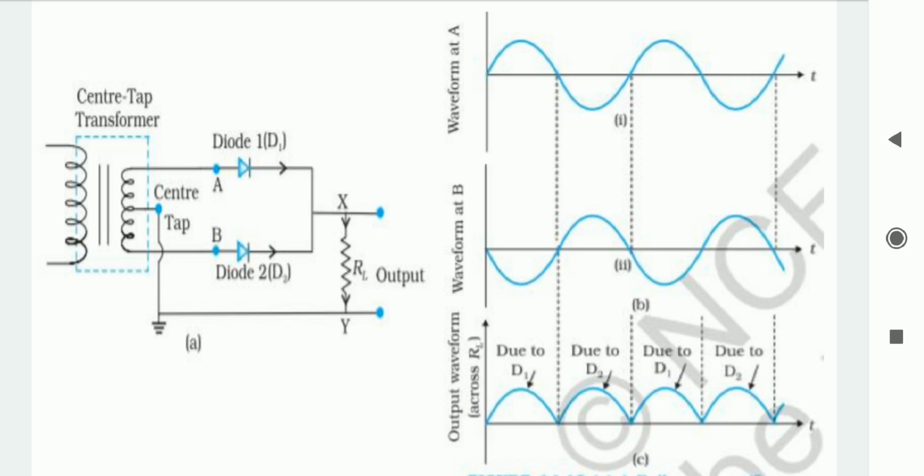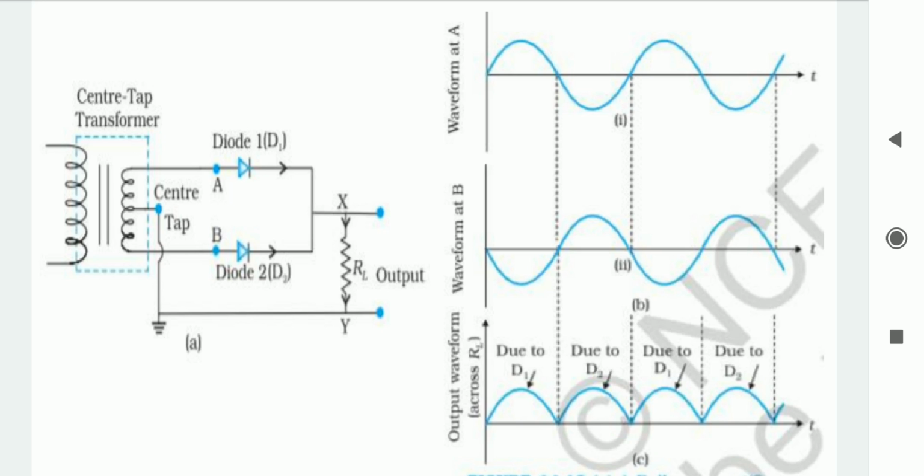And while the current is flowing through the load resistance in both half cycles, the current direction remains the same, and that's why the voltage across the load always remains positive.